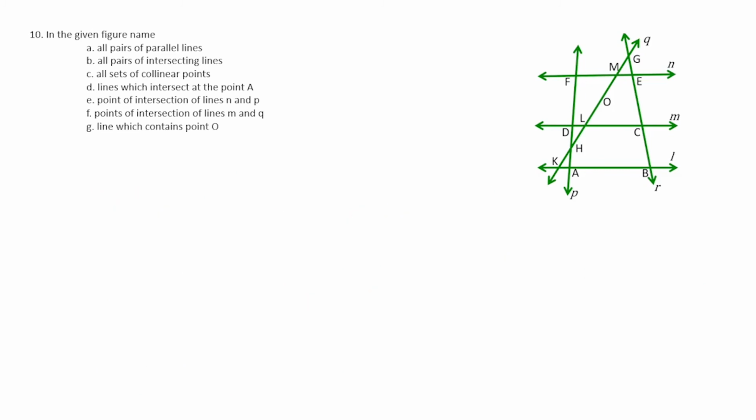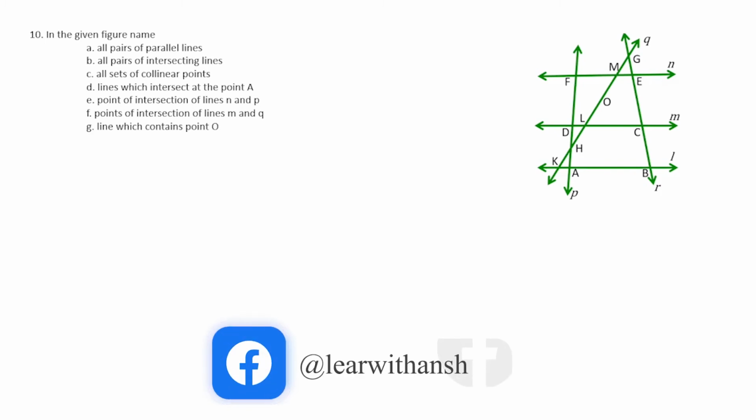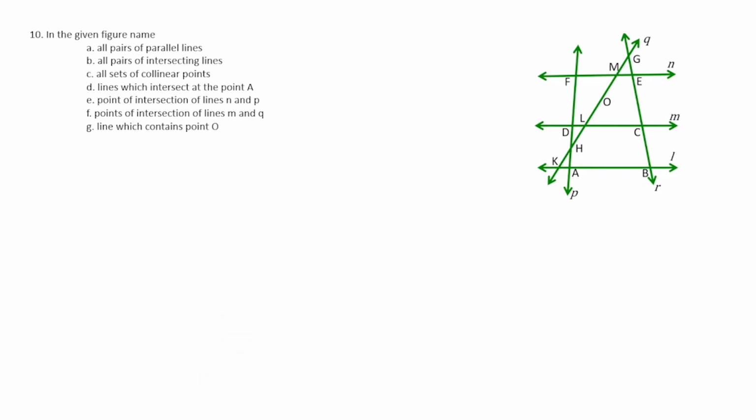Now we have all sets of collinear points. Let's find out all sets of collinear points. So we have points K, A, B, which are collinear.